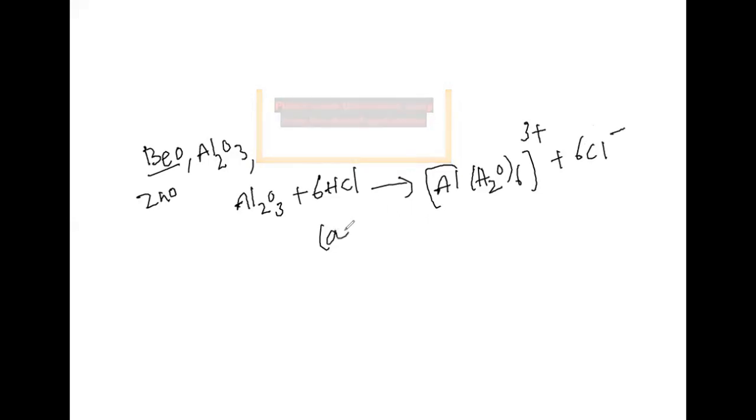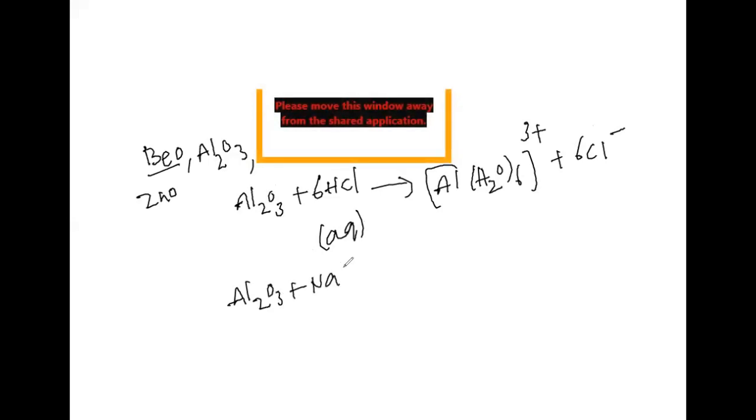Here I am writing aqueous directly because the reaction is happening in aqueous solution. Even if Al2O3 reacts with NaOH, one time with acid, the other time with base, it forms Na3[Al(OH)6]. What is the name of this compound actually?